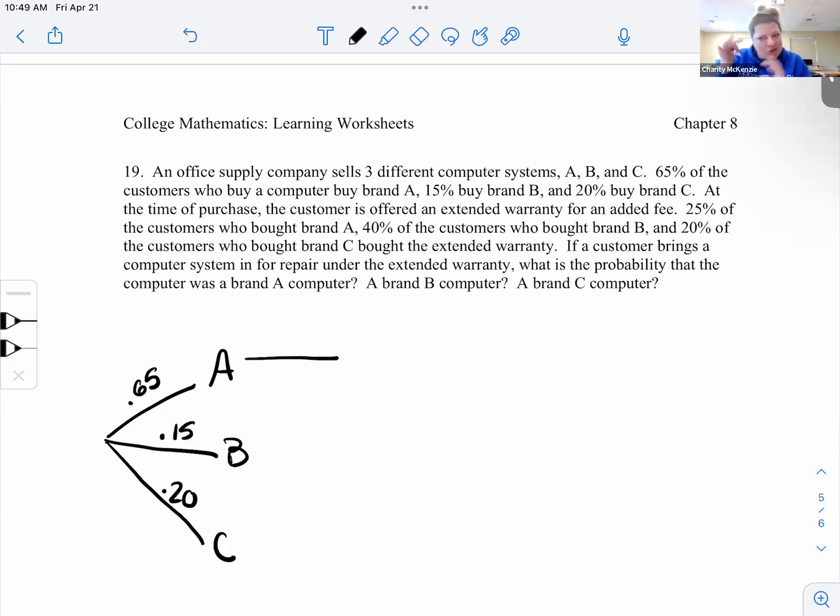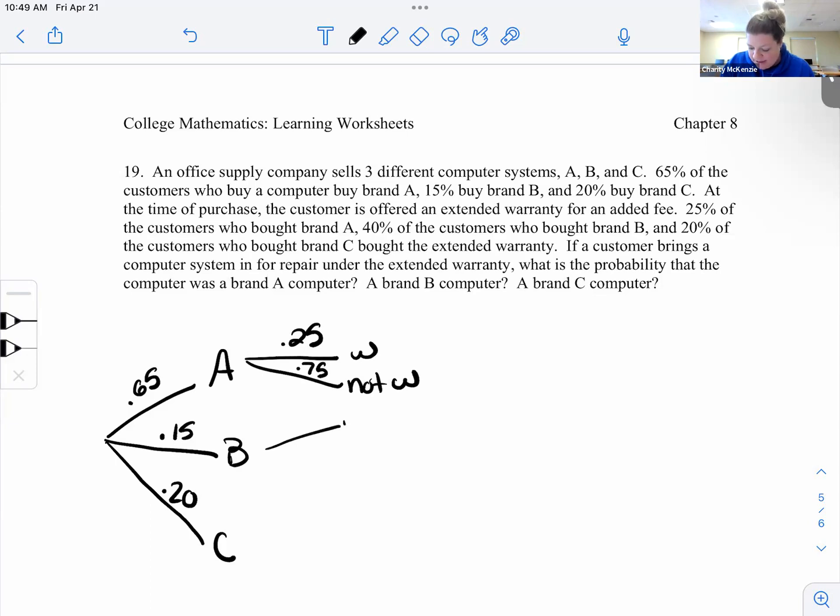There's not two choices. It's either warranty or not warranty, right? So the warranty was 25% of customers who bought brand A. 25% said, yeah, I'll take my extended warranty. That means 75% chose not to.